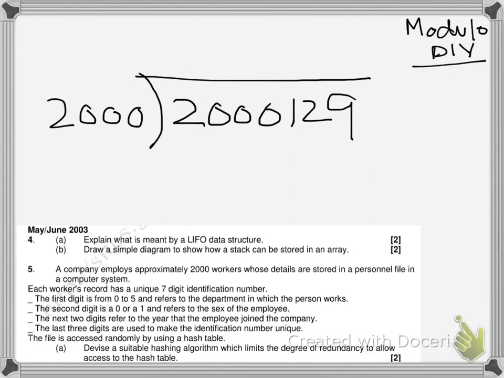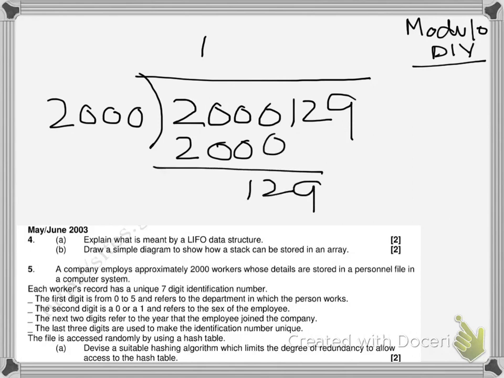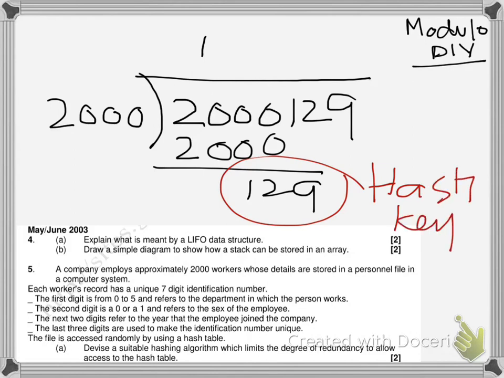So what is the remainder? 129. So this remainder will be used as our hash key. As the question says, you have to do something which reduces the chance of redundancy, so it has already reduced the chance of redundancy. Okay? Now there is a next part of the question.